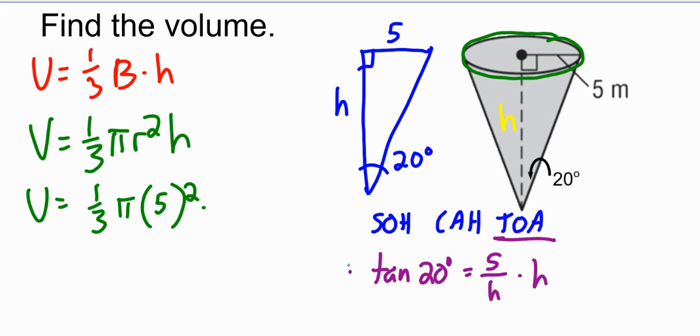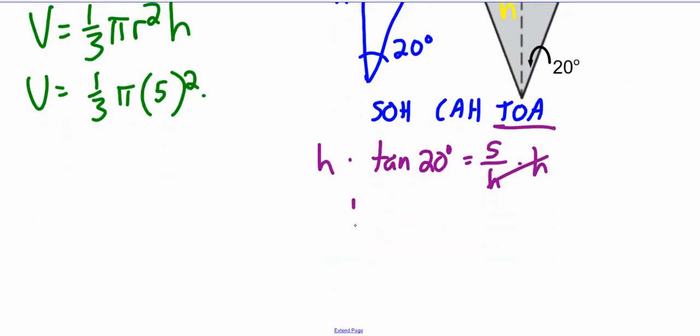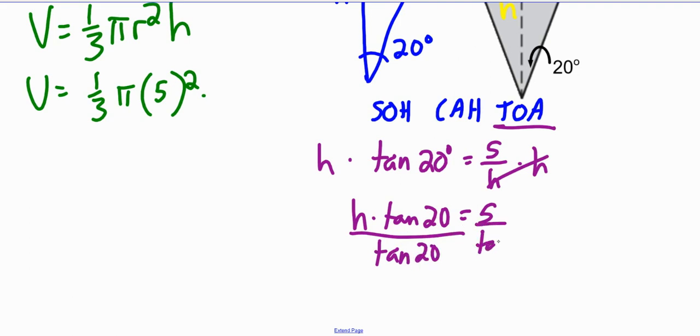Got to get rid of that denominator. So we have h times tangent of 20 equals 5. Divide both sides by that tangent of 20. So then our true height is going to be 5 divided by tangent of 20, about 13.7.